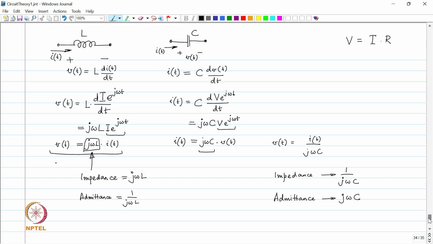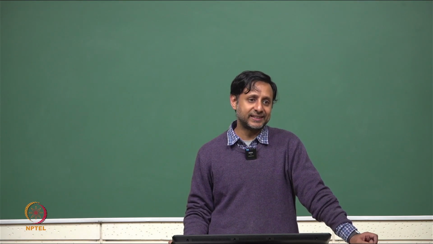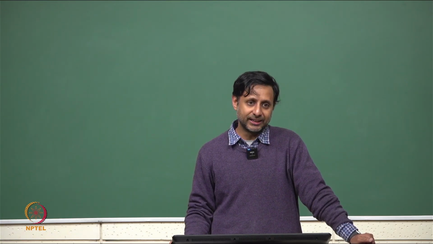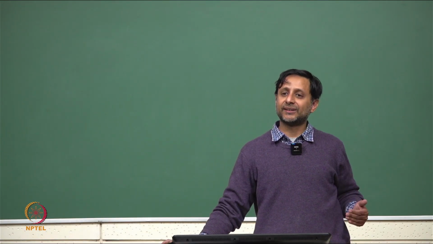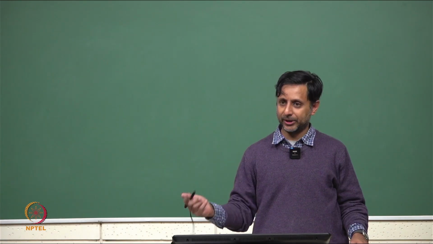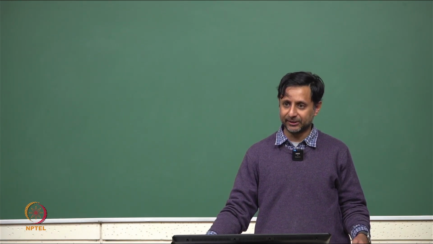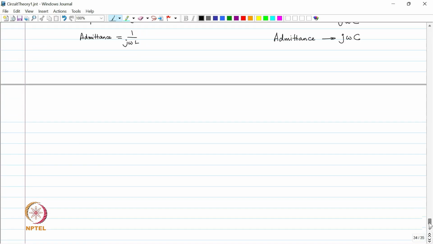Likewise, for a capacitor, the impedance is 1 by j omega C. If you want to think of conductance, then the admittance is j omega C. These were new words that we used, impedance and admittance. So, with this we start today.